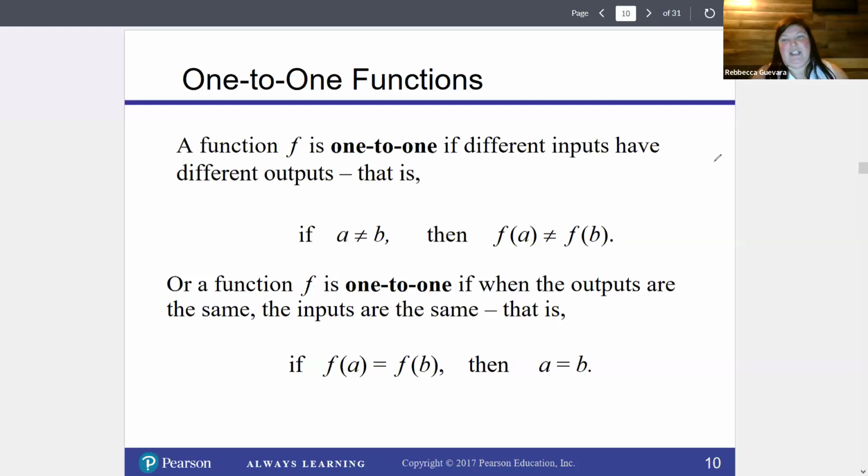So essentially what we're saying is that we can't have this happen: if f of A and f of B were equal, then A and B cannot be different and there still be an inverse.